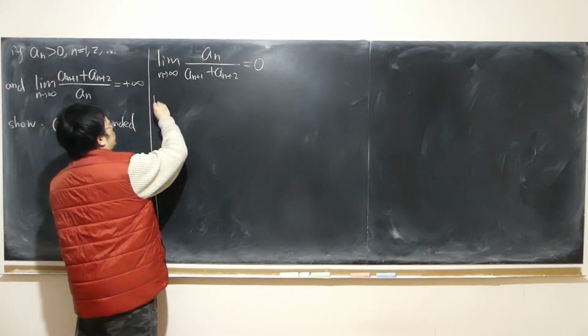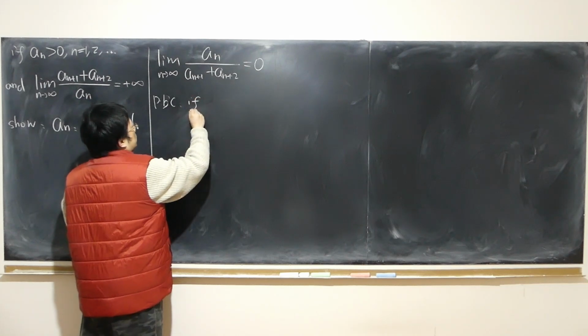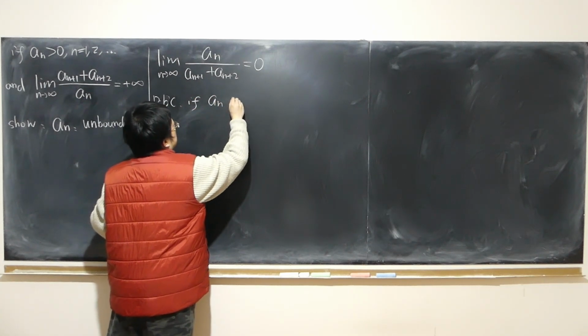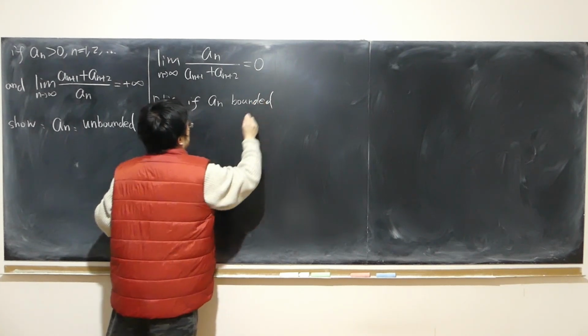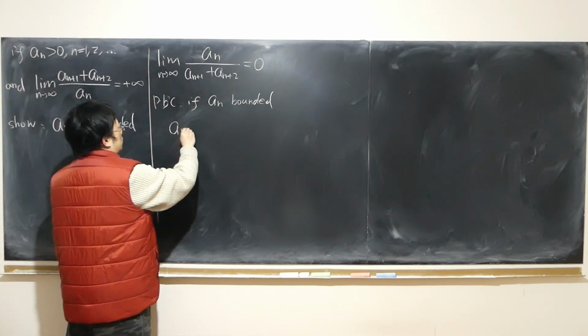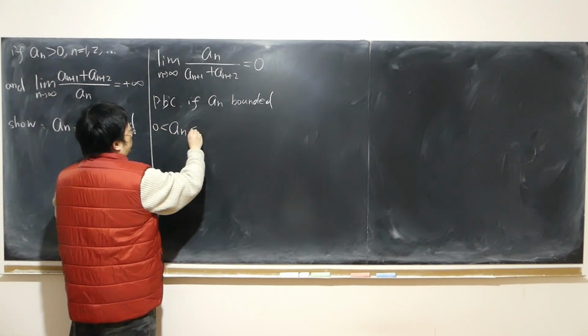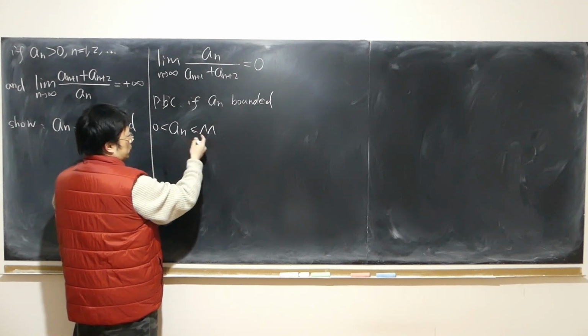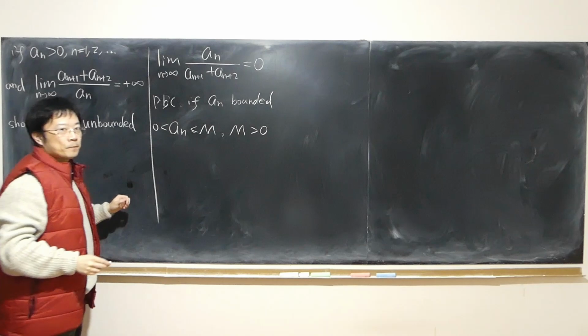So proof by contradiction. If a_n is bounded, in other words, a_n, given first of all to be positive, but it is bounded by some fixed positive real number m, strictly positive.